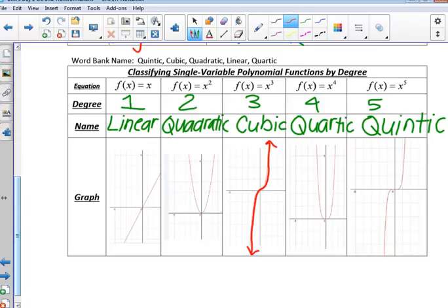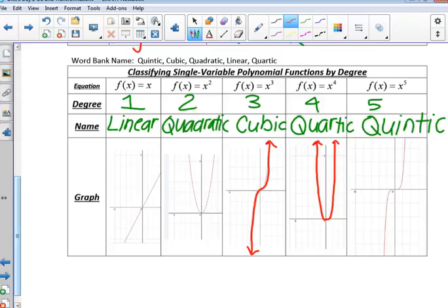We're going to see these. Quartic is very similar to a quadratic. Very similar. But it's just a little flatter, like where the vertex would be. And that's what you're going to start to notice, that our even functions look very much like a quadratic, but they just keep getting flatter at this part. Same thing with our odd functions.